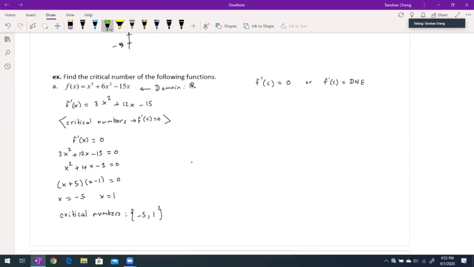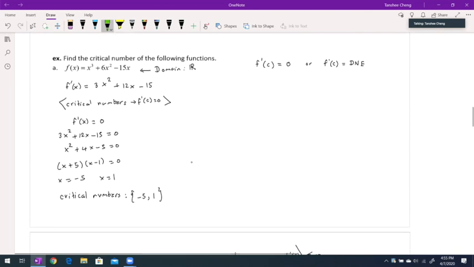So on the first example, on this one, it's given to you a polynomial function with third degree. And the first thing that I need to know is whether this function is differentiable or not.